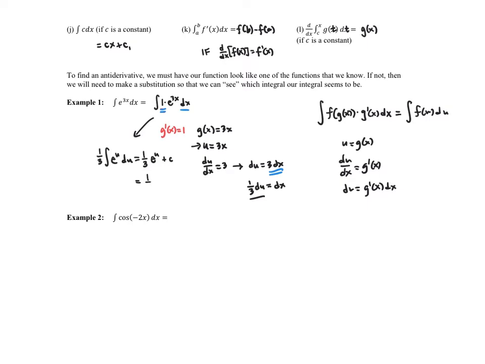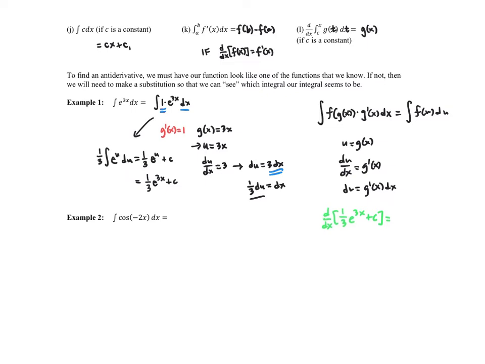So this would be 1/3 e to the 3x plus c. Now, checking that, just to confirm, let's take the derivative with respect to x of 1/3 e to the 3x plus c. Well, the derivative of c is going to be 0.